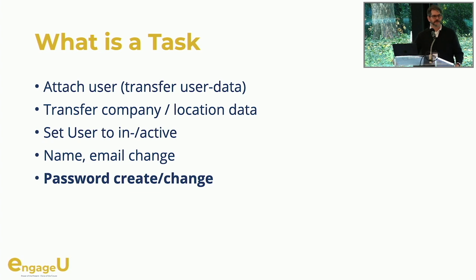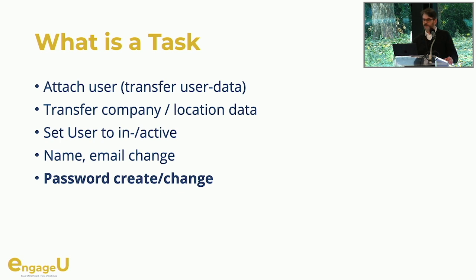So what are these tasks? We can attach a user to a license. We can transfer them from here to there. We can transfer them from one company to another. They still stay the same user. We can set the user to active and inactive.